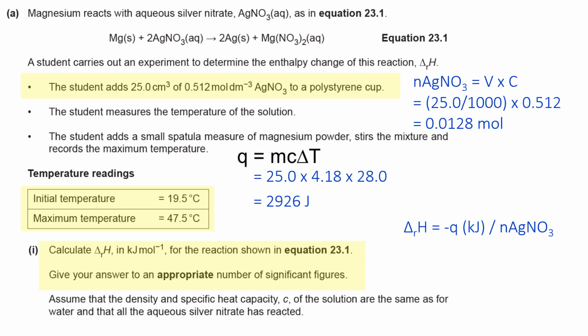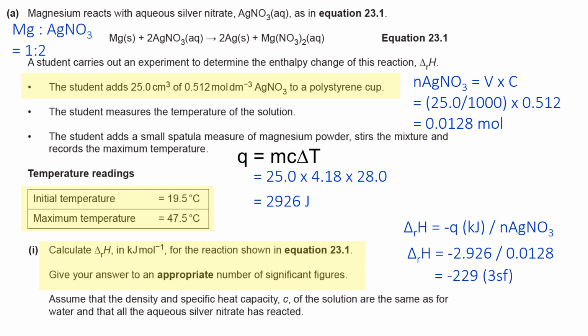Now you convert the Q into kilojoules, so it's going to be minus 2.926, not minus 2926, divided by 0.0128, giving you minus 229. So that would be in kilojoules per mole normally, but we've got to be a bit careful here because the ratio of magnesium to silver nitrate is 1 to 2. You can see clearly there's a 2 in front of the AgNO3, so you need to multiply that up by 2, and that gives you minus 457 kilojoules per mole to the minus 1.